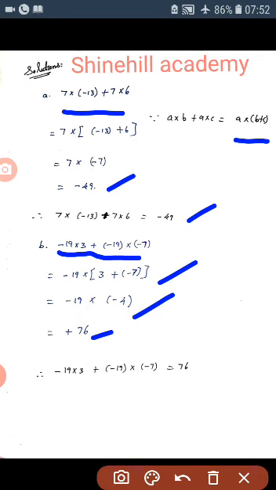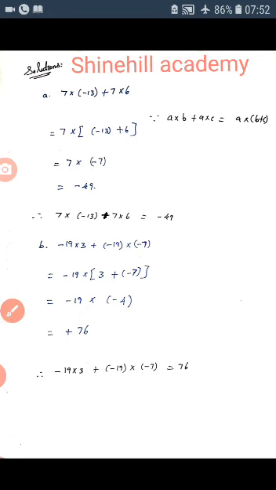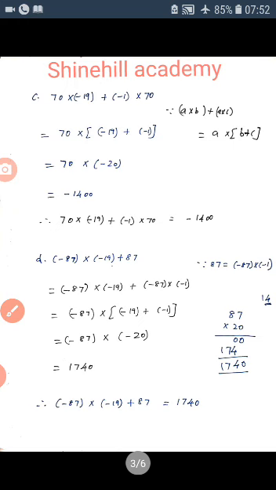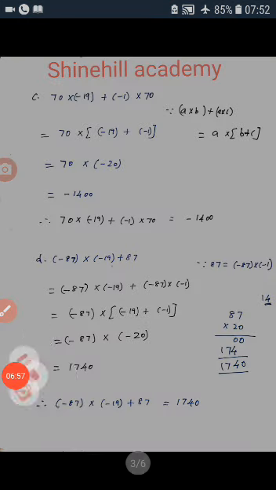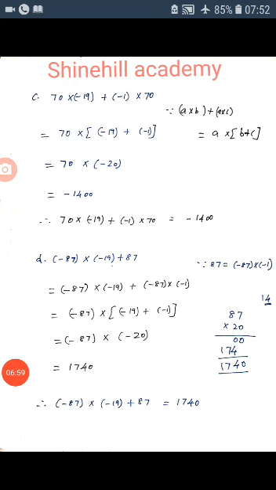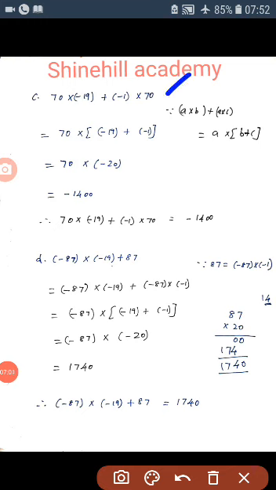Okay students, now go to the second, another two sums, C and D. So now see the C question. Read the question. So 17 into minus 19 plus minus 1 into 70.